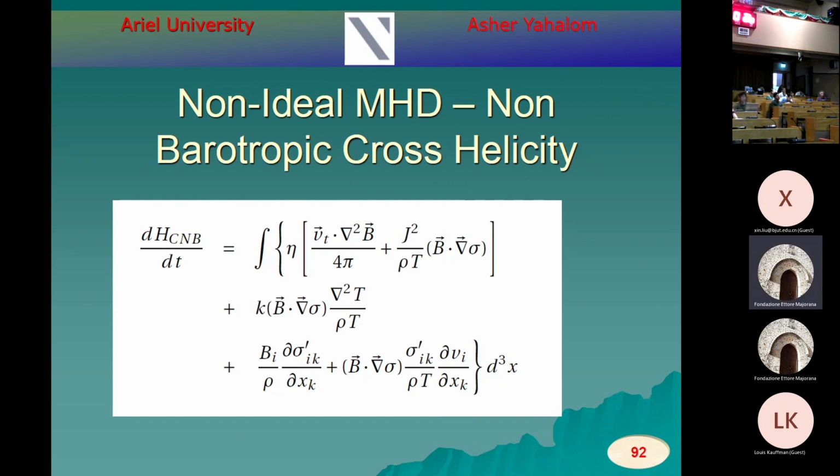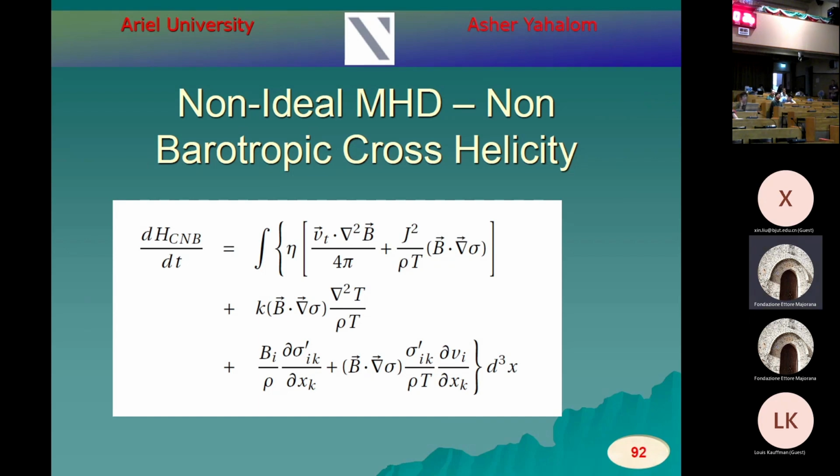Let's look at the non-ideal case. In the non-ideal case, non-barotropic cross-helicity is generally not conserved, and this has to do with many things. One of them is diffusivity, η; K, which is thermal conduction; and σ depends on the viscosity. It's a viscosity tensor, so σ′ik with a prime.